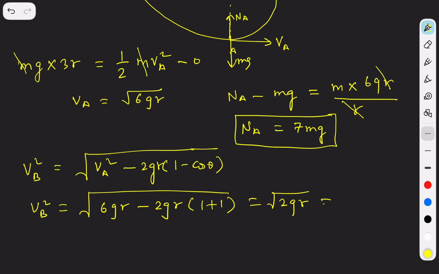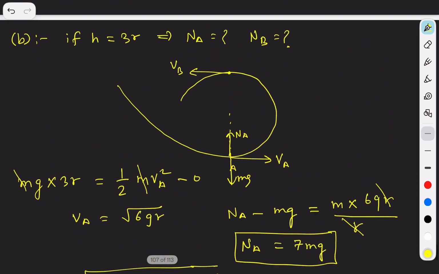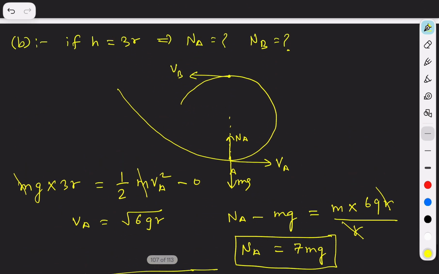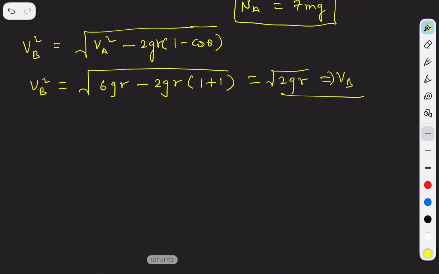So if we see here in this case, this will be your Nb, and on this side you will also have your Mg. So Nb plus Mg is equal to mv square by R. We can say that Mg plus Nb is equal to m vb square by R, that is the centripetal condition.